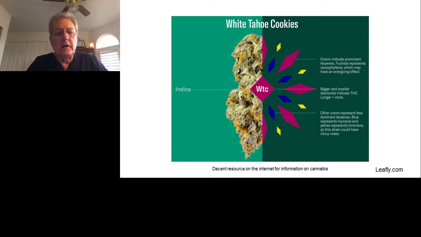Now, Leafly.com is a good internet source that has tried to standardize some information both with color and with category.